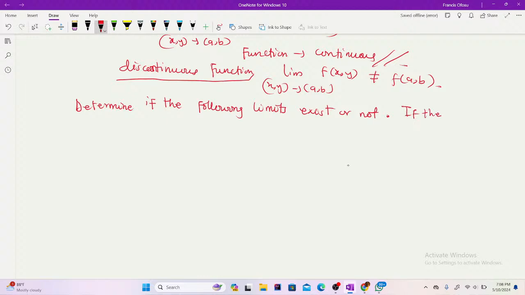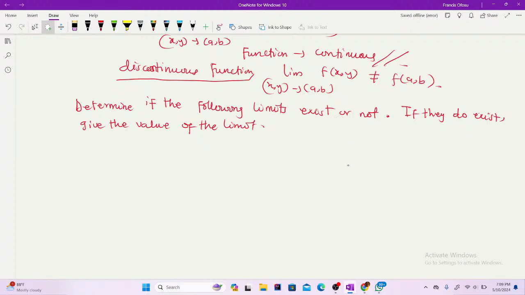If they do exist, then give the value of the limit. I'm going to give a series of functions for us to go through so that you understand limits. The preamble is saying that we should determine if the following limits exist or not. If they do exist, give the value of the limit.